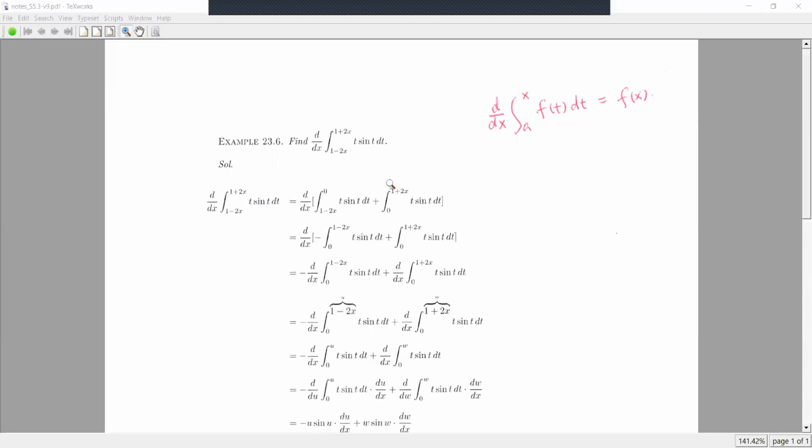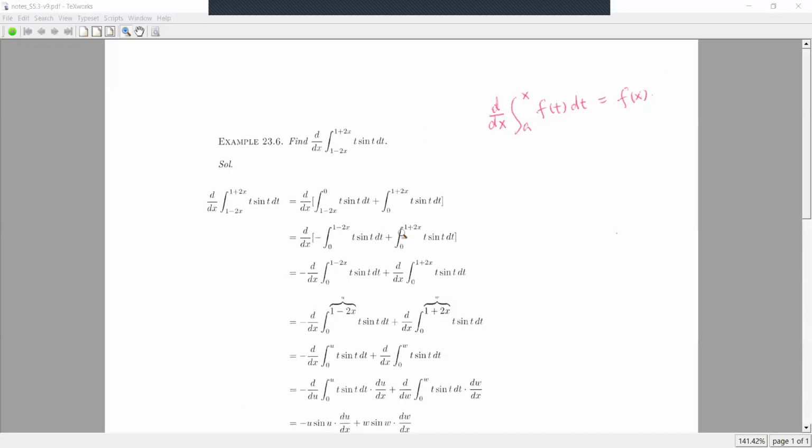For the second integral, the lower limit is a constant now. But for the first integral, the lower limit still depends on x, not a constant. But I can switch the upper limit and the lower limit for this integral by adding a minus sign. So I get this equation. Now, both integrals have constant lower limits.